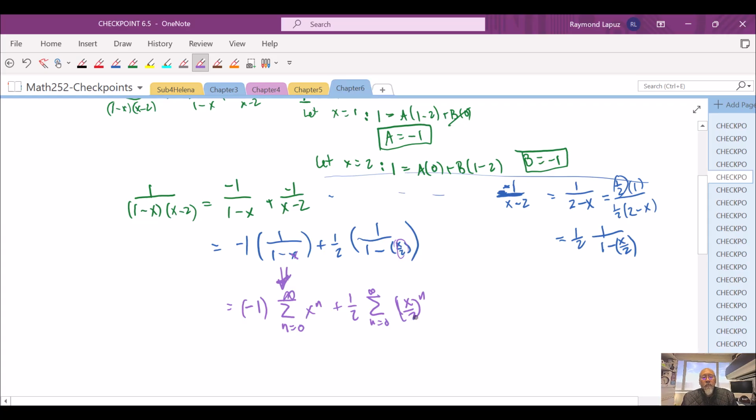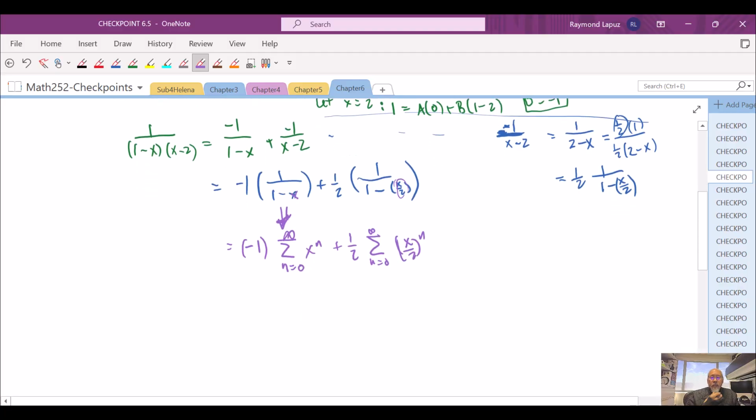Okay. All right. So this is a series that we're about to combine. Just so we know, this is going to be the interval of convergence here. Interval of convergence. Maybe I'll do this in a different color.